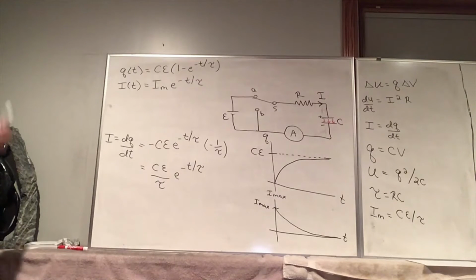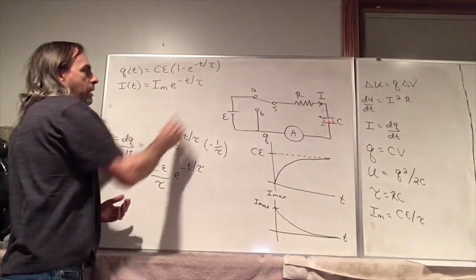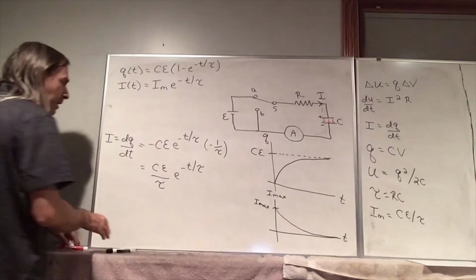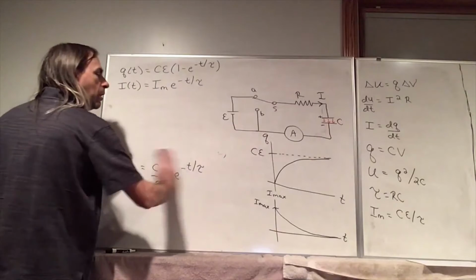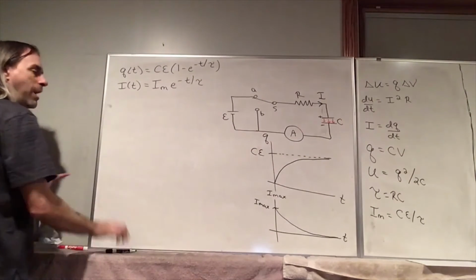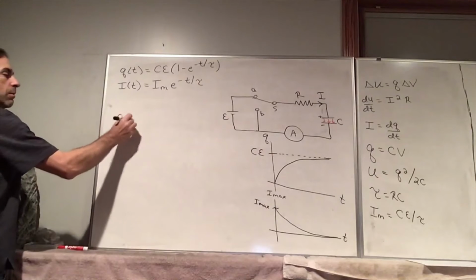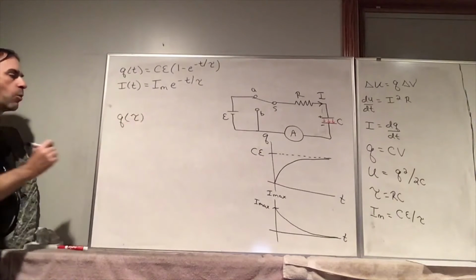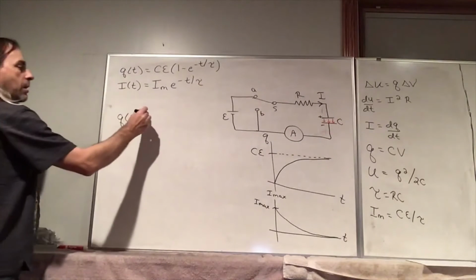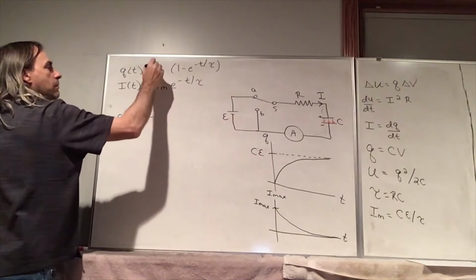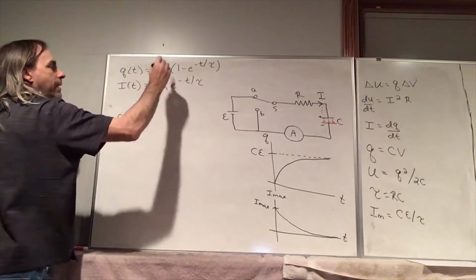Now, this time constant always shows up in this e to the minus t over tau. And a very important thing: let's say we look at one time constant. Let's look at Q after one time constant. Let's call this Qmax, and I'll write that down here.